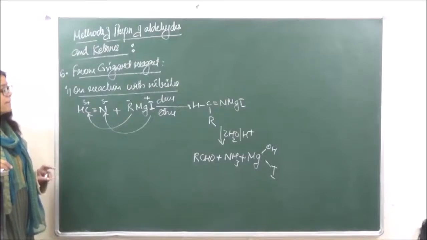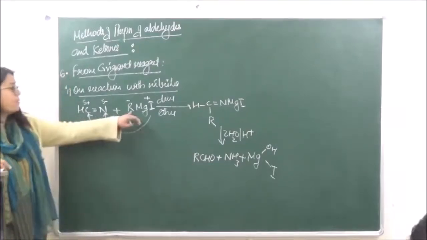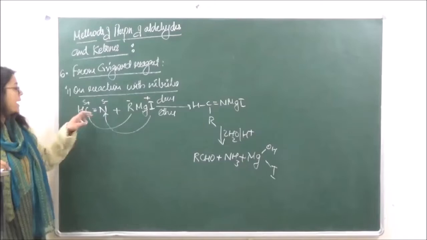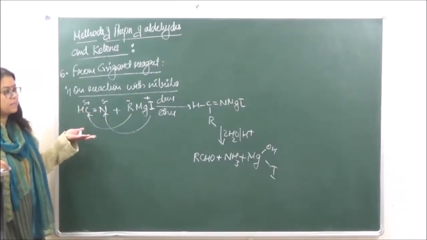Okay, now please remember over here the number of carbon atoms which are present in the product will depend upon the alkyl group which is present with the Grignard reagent and not on this, because over here it is going to always have only one carbon atom. Okay?